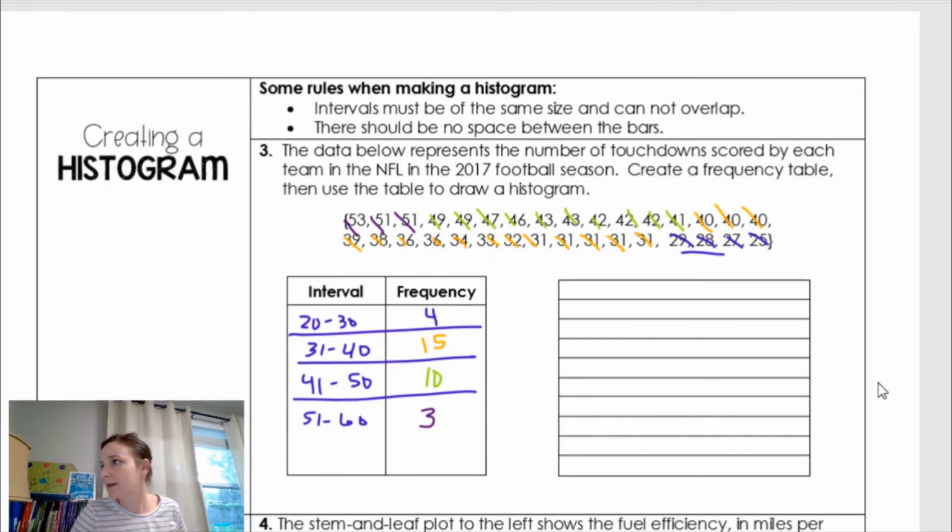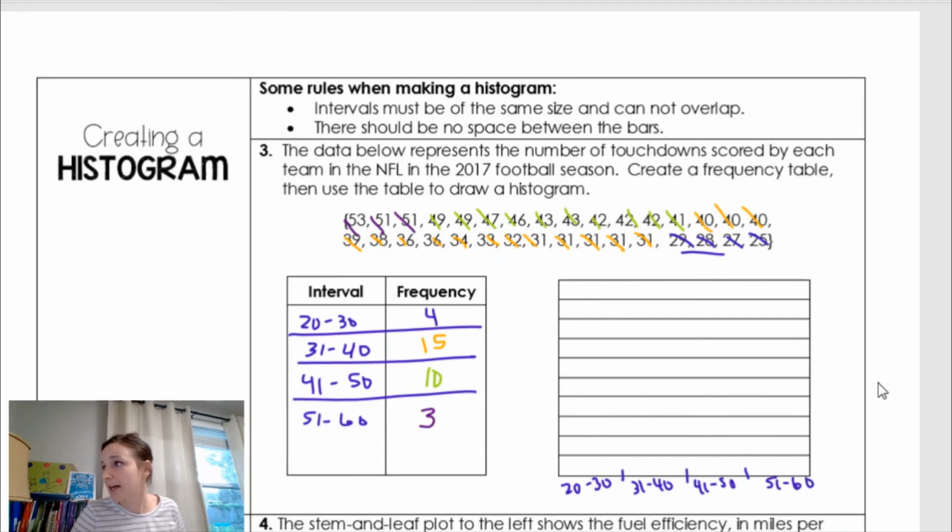So in the bottom part, or if you recall your x-axis, we want our intervals. We have 4 of them, so break your graph up into 4 pieces. In the first one, we'll put our first interval, 20 through 30, then 31 through 40, 41 through 50, and 51 through 60.